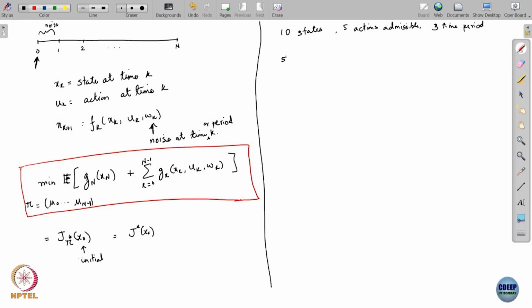As a result, the number of possible functions that you can have at time instant 1 is 5 raised to 10. Similarly, there are 5 raised to 10 possible functions at time instant 2 and 5 raised to 10 possible functions at time instant 3. So, the total number of choices therefore becomes 5 raised to 10 times 5 raised to 10 times 5 raised to 10.